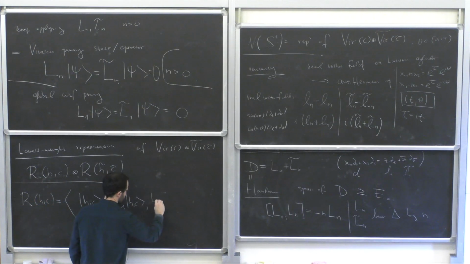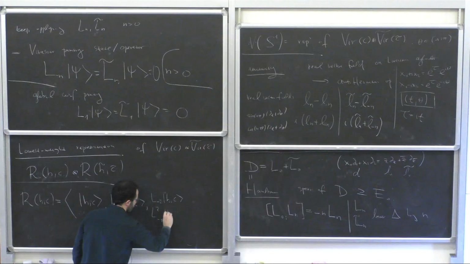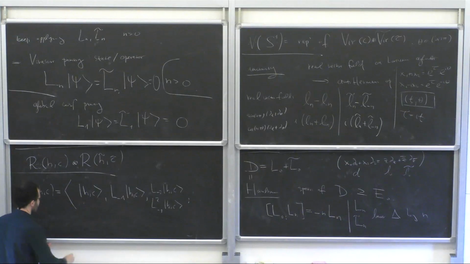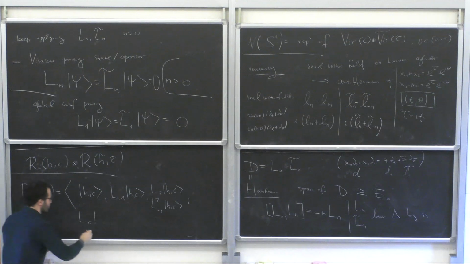At level 2, there are 2 of them: L minus 2 and L minus 1 squared acting on h, c, and so on. And what is h? Well, h is the eigenvalue under L0. So h is like the left-moving energy.